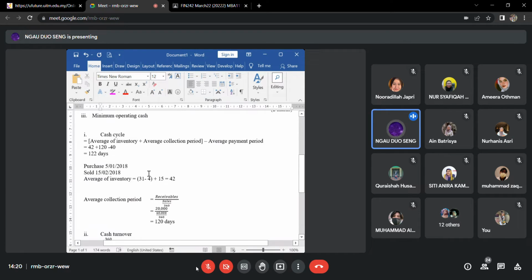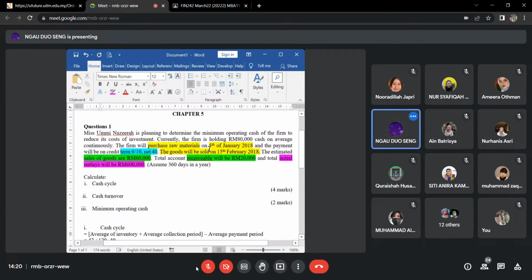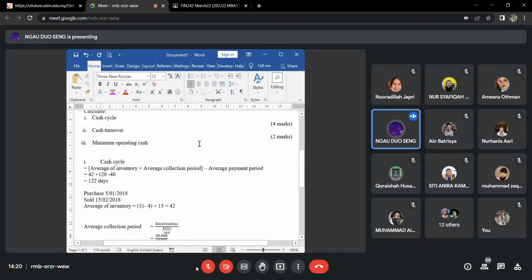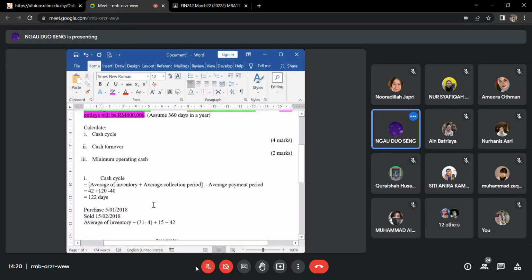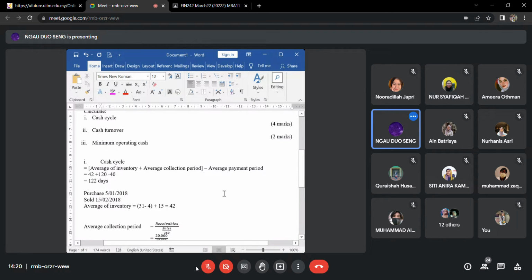Yang tolak 4 atau 5. Some lecturer dia tolak 5. But logically thinking 5 kita termasuk. So we have to tolak 4. So yang inilah you have to be careful.